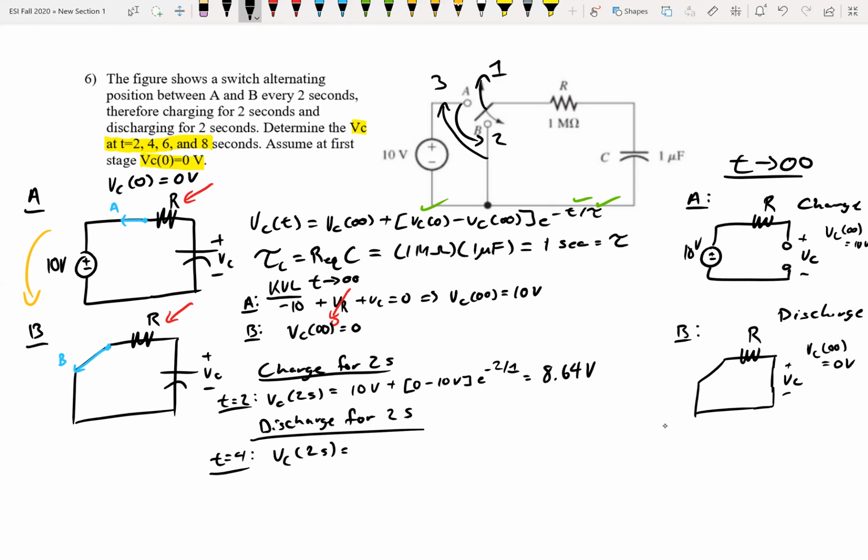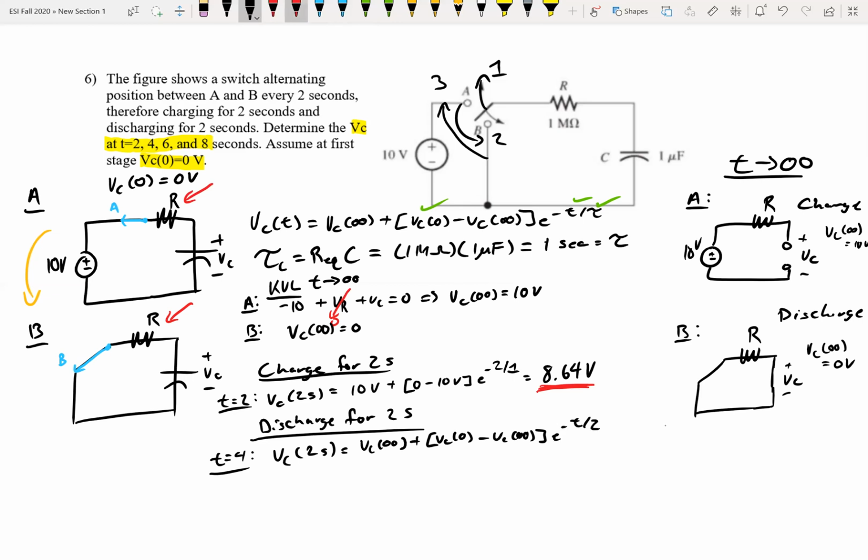So we'll go ahead. Now, something to note though is that the V initial for discharging is going to be whatever voltage was in the capacitor when you stopped charging it up. Because now what you're doing is, V of C of, I'm gonna write it out, infinity plus V of C 0 minus V of C infinity e to minus t over tau.